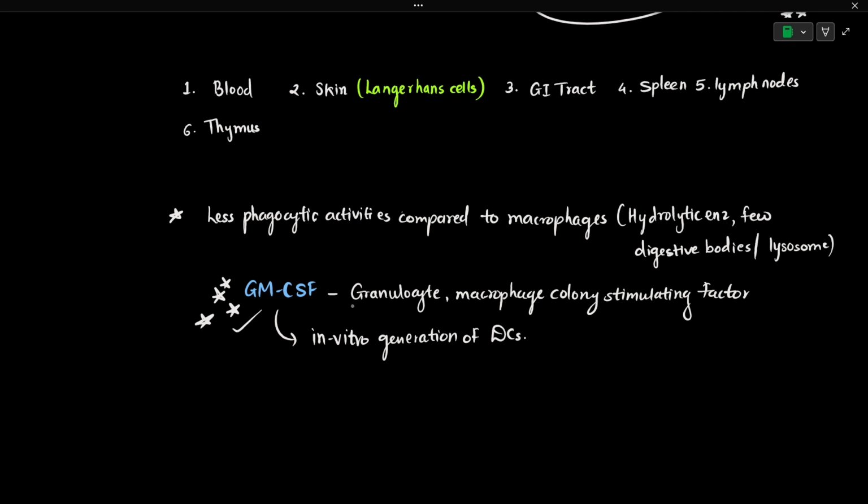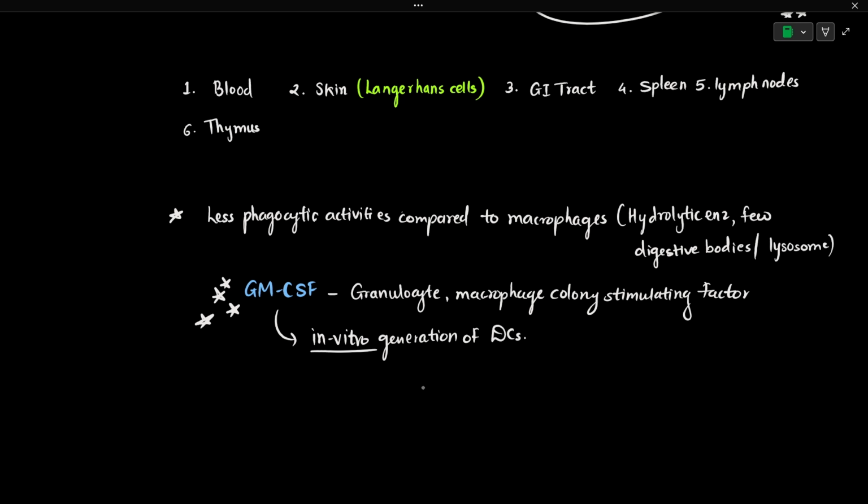It also enhances the phagocytic, the engulfment capacity of the granulocytes and macrophages. So for making them efficient, this colony stimulating factor is also used, and that is why it is named GM-CSF. So this is how we can obtain the dendritic cells in vitro in lab settings, and we can use them for various experiments.